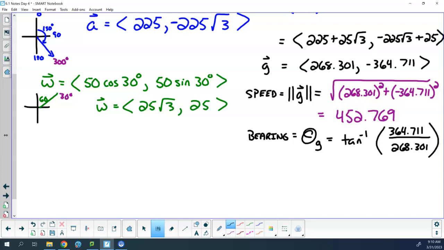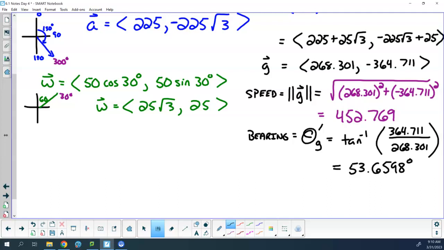Okay. Find me the reference, or that's going to be the reference angle, because we are not in quadrant number 1. Agree with me on that?